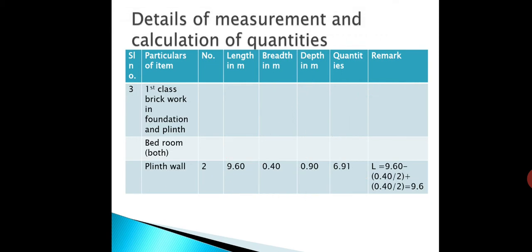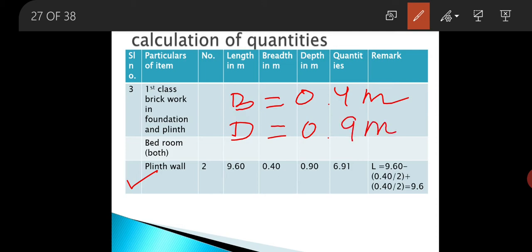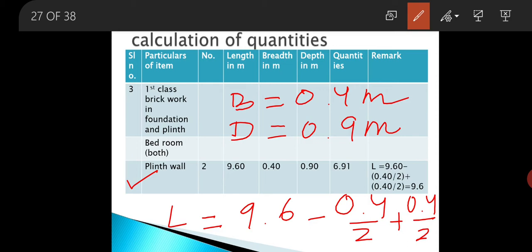Then come to the plinth wall. So, for plinth wall, the breadth of the plinth wall is 0.4 meter and depth of the plinth wall is 0.9 meter as per the cross section of main wall. So, in order to get the length with the center to center length of 9.6, we will subtract half of the width of the plinth wall and add half of the width of the plinth wall.